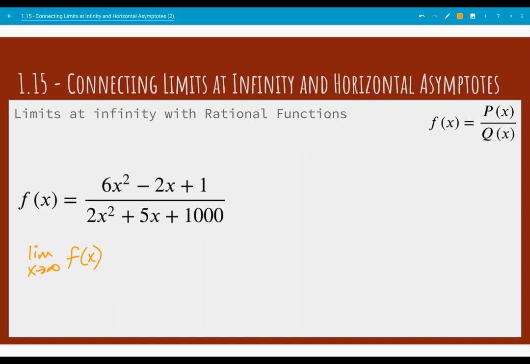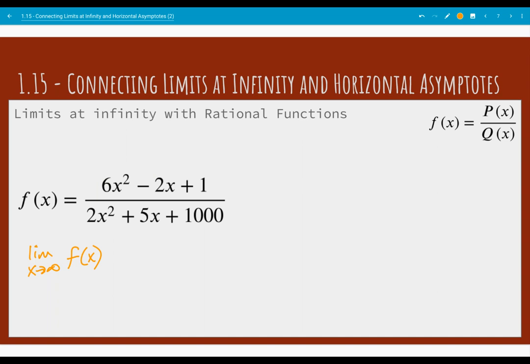So realistically, as x gets really big, the value of the numerator is going to be dominated by that 6x squared term. If I plug in 1,000,000, this is going to be 6 trillion, this is going to be 2 million, and this is going to be 1. Well, when we're talking trillions, the 2 million and the 1 have very little impact.